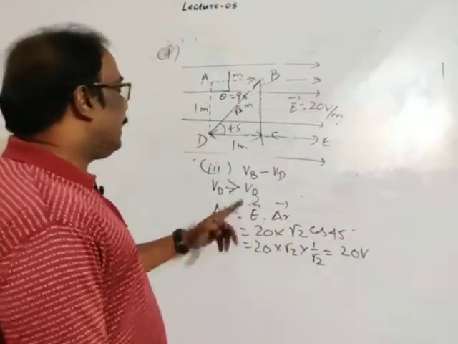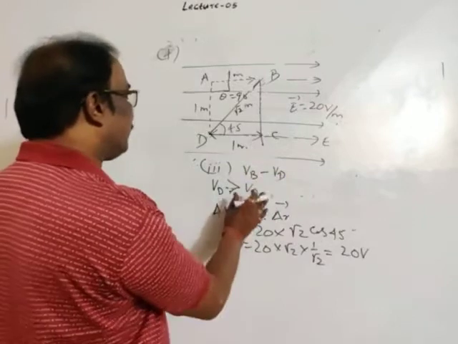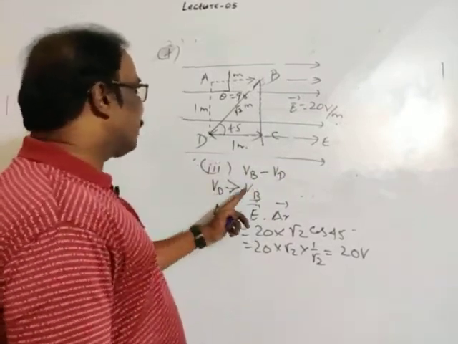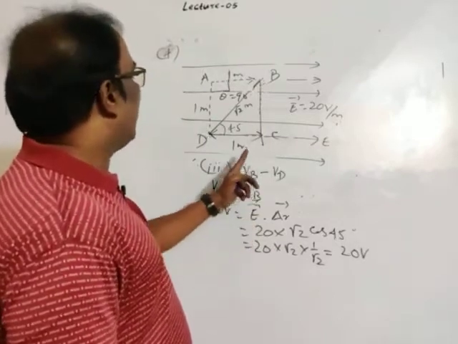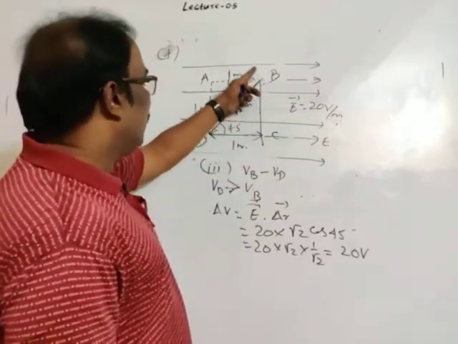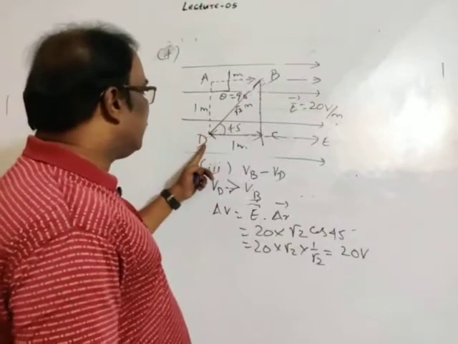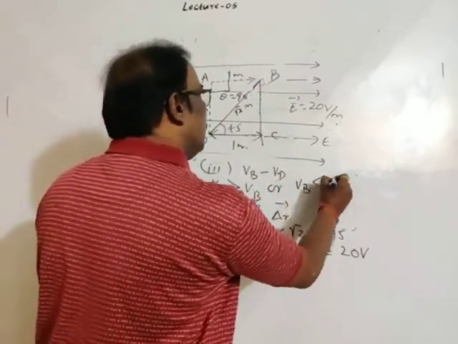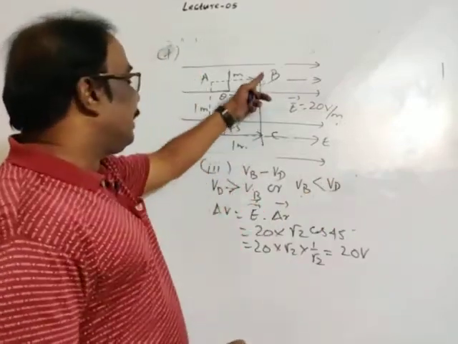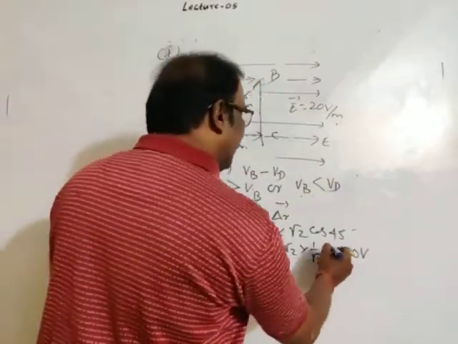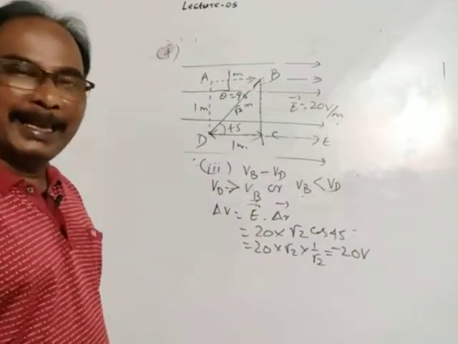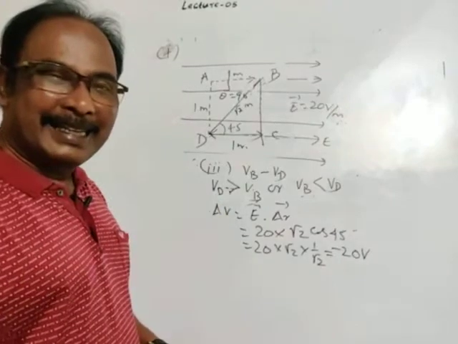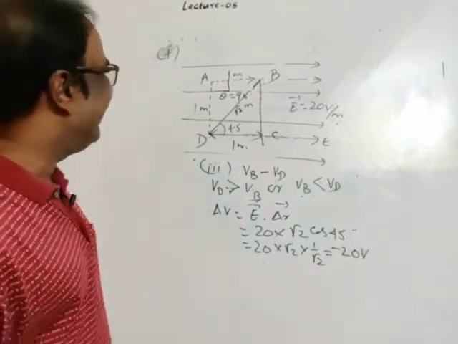So VB minus VD, sorry, I have written here, okay. VD is greater than VB. We are finding VB minus VD, but VD is greater, or you may write VB is less than VD, so we will take it as minus. Potential decreases along the direction of the electric field.